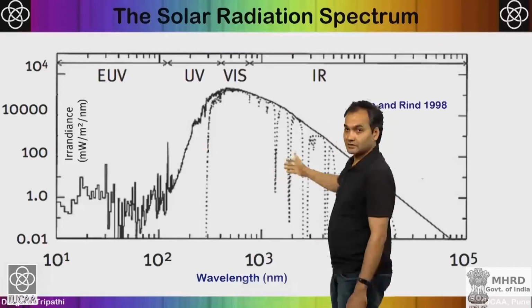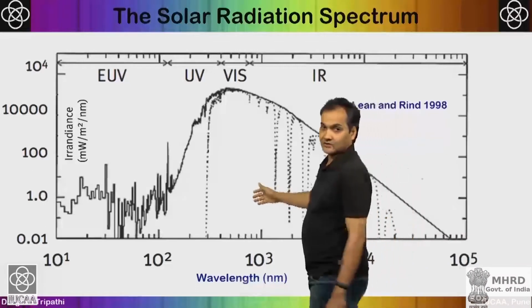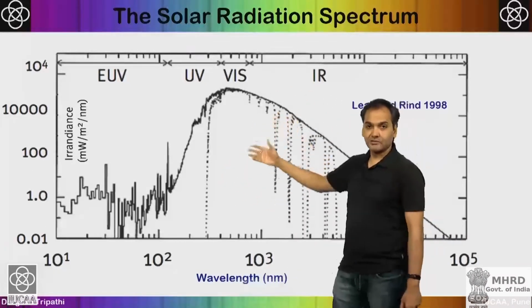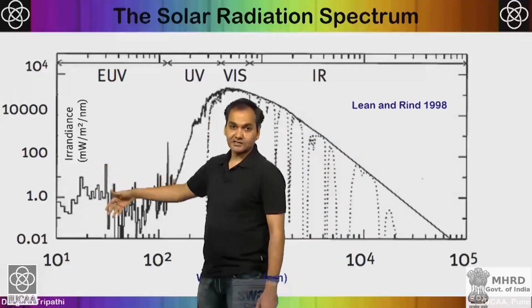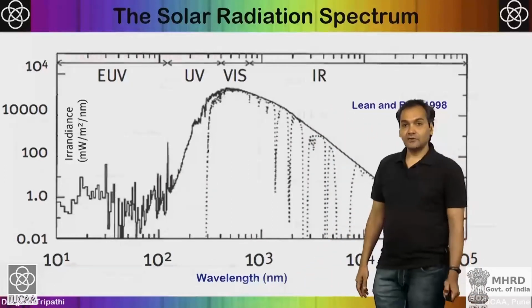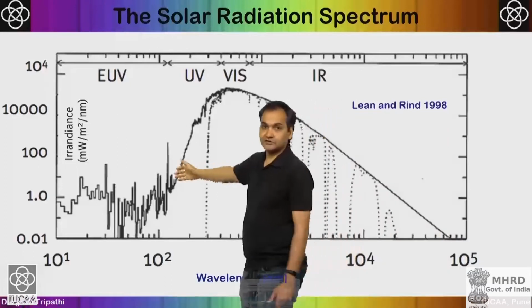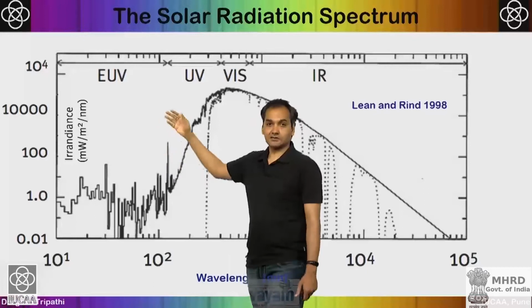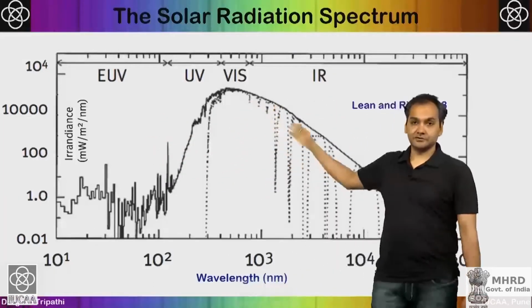Beyond 310, it all comes to the ground. And you find that the bulk of the radiation is coming in visible, but you have radiation coming all the way in ultraviolet, near ultraviolet, and so on. What we now know is that the region for EUV and UV is essentially your chromosphere and corona, whereas the visible is coming mostly from the solar photosphere.